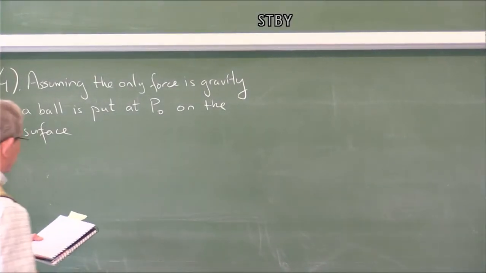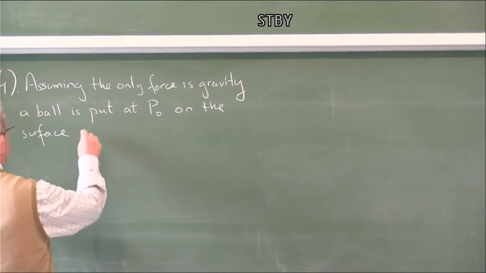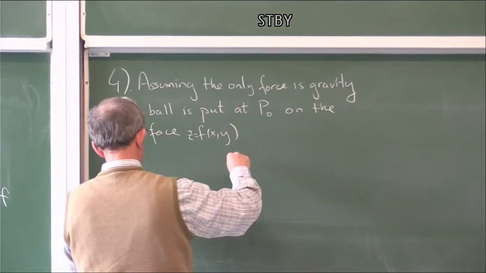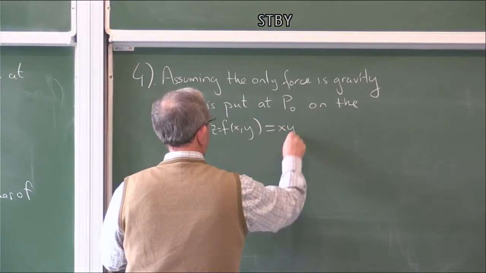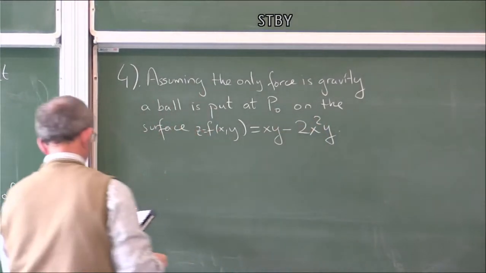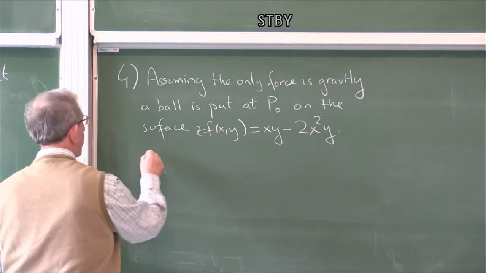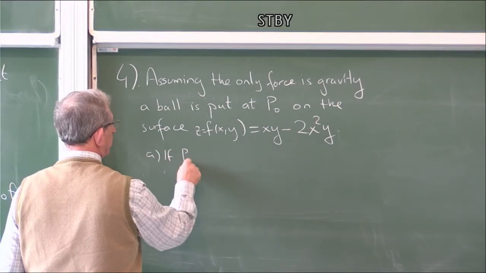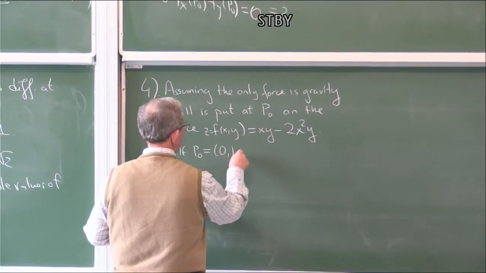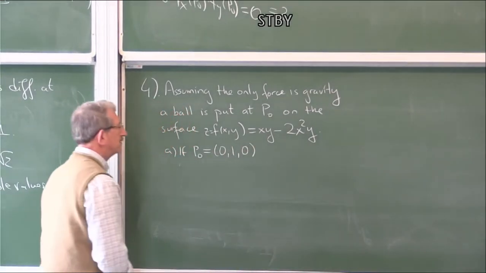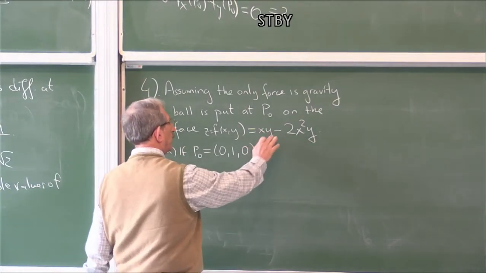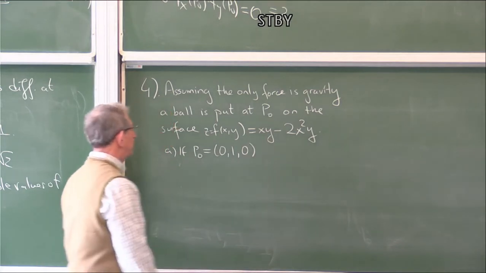You can think about it that way. On this surface, z is f of x, y, which happens to be xy minus 2x squared y. So if P0 is the point (0, 1, 0) on the surface, well, that's clear. If x is 0 and y is 1, z clearly will be 0.